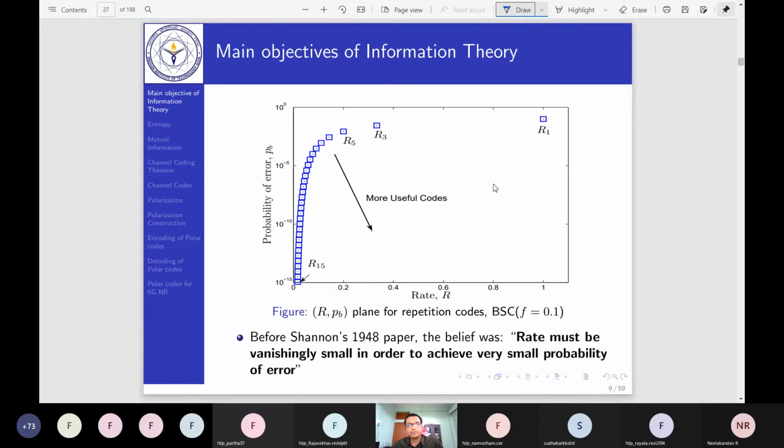So if you look at this figure, the x-axis shows the rate of the coding scheme, and the y-axis shows the probability of error. With R1, the rate is equal to 1, and the probability of error is equal to 0.1. With R3, we move to the lower rate region. So the rate will be equal to 1 by 3, and the probability of error will be 0.028.